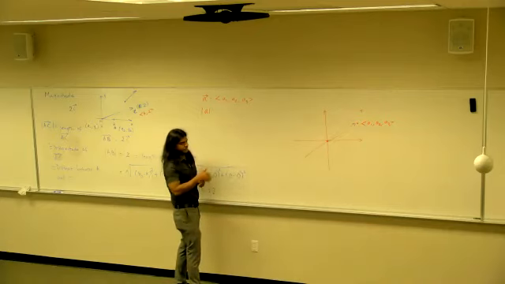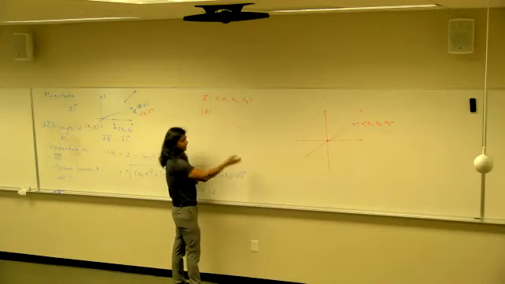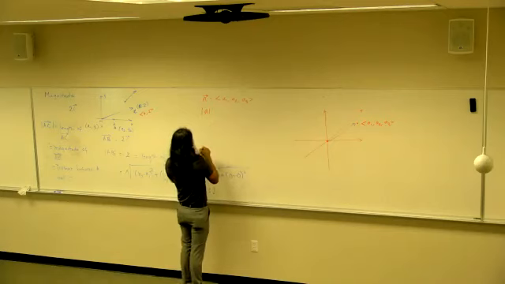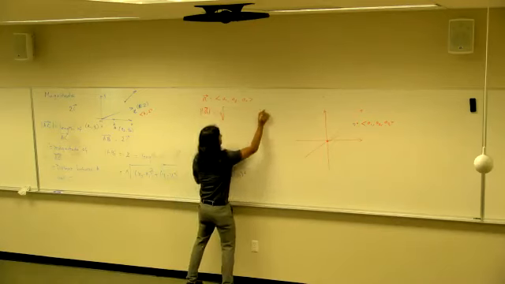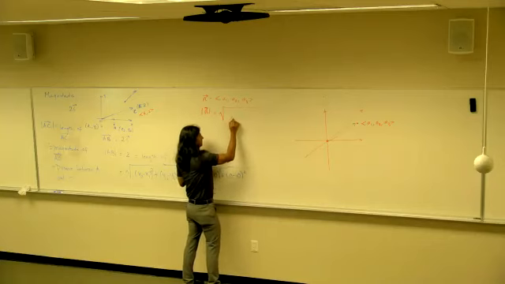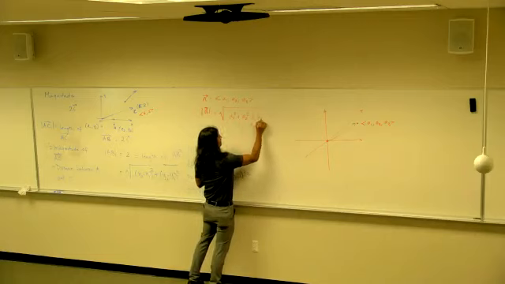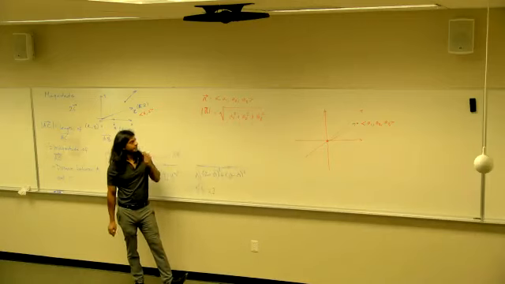Well, distance formula, A1 minus 0 squared, A2 minus 0 squared. So the formula for magnitude of a vector, simply A1 squared, A2 squared, A3 squared, under a square root. Good.